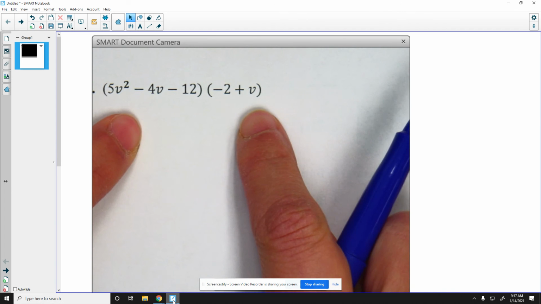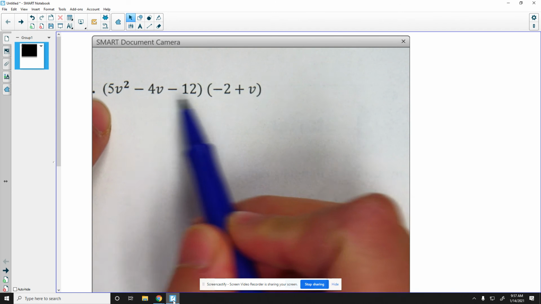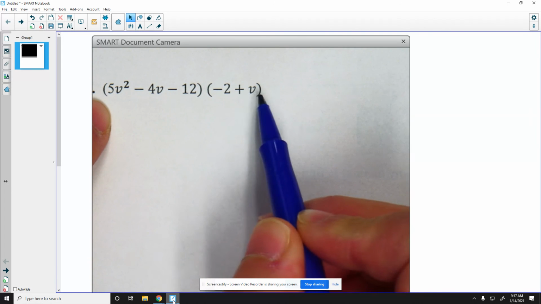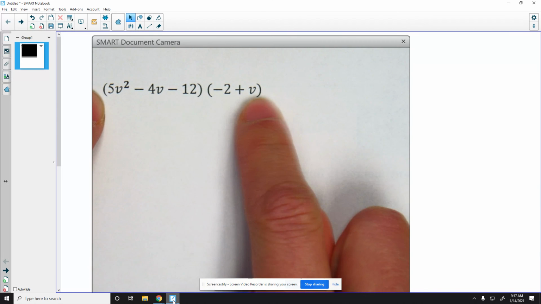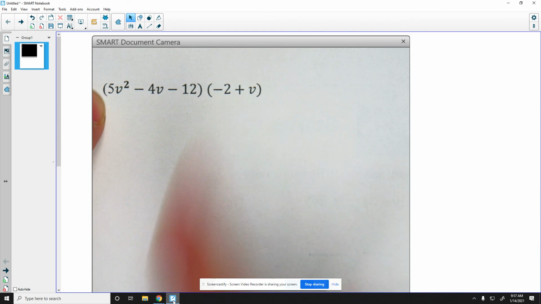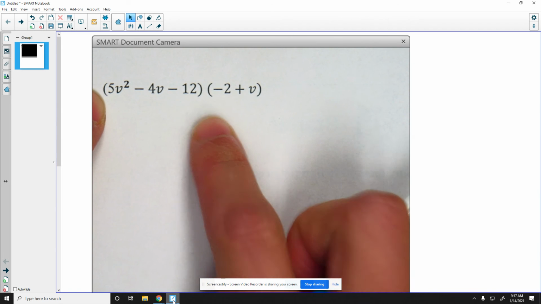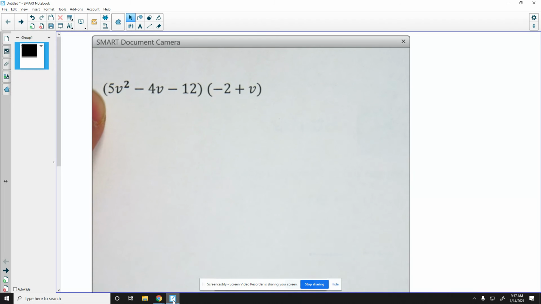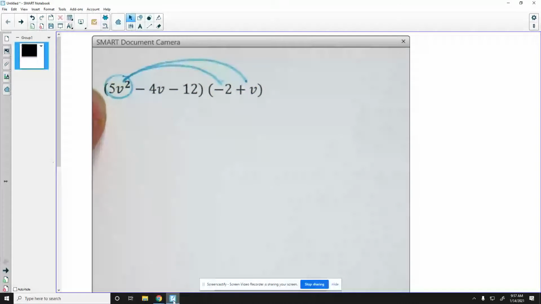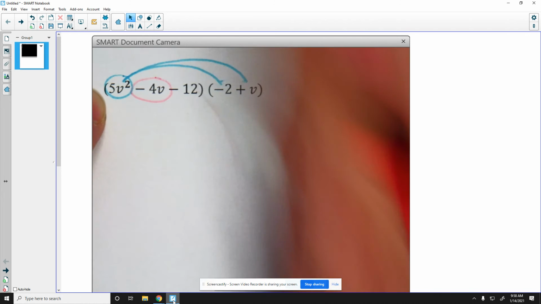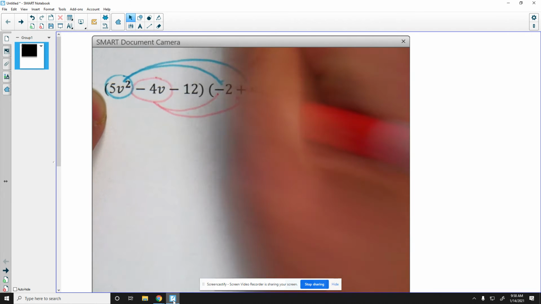Okay, this one looks a little bit different because now I have a trinomial times a binomial. So you have a couple of choices, okay? Honestly, I'm not going to try to make it any more complicated for myself. So this is how I would do this if I were you, but you don't have to. I would take my first term, multiply, multiply. And then I would take my second term, multiply, multiply.